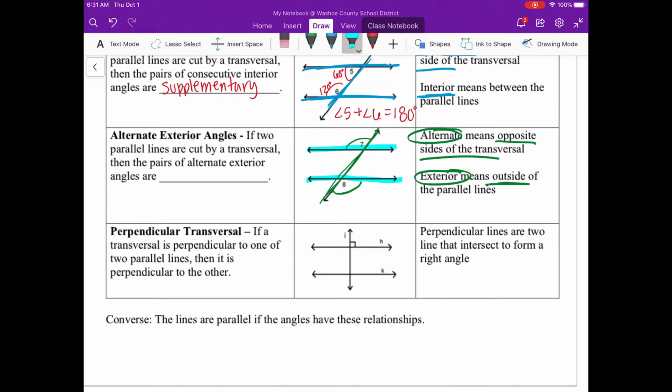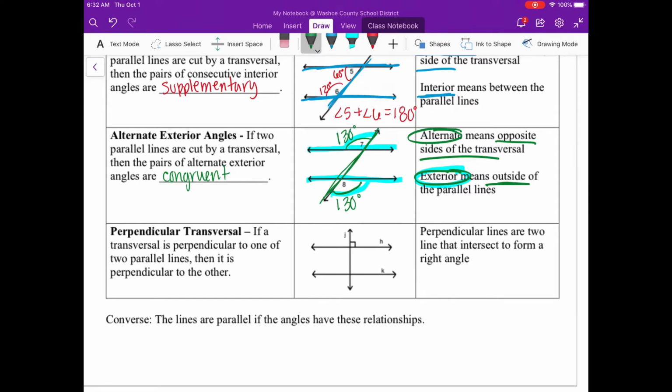And this time I'm not in between them, I am outside of them. That's what exterior means anytime I see that. So alternate exterior angles are also going to be congruent. So if this is, I don't know, like 130 degrees, then this is also 130 degrees.